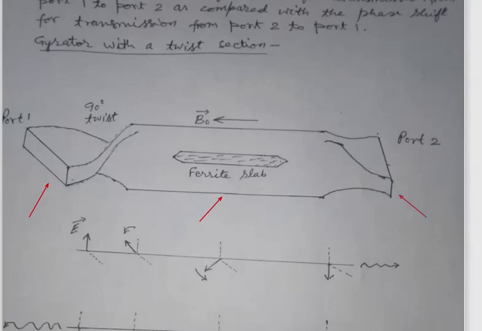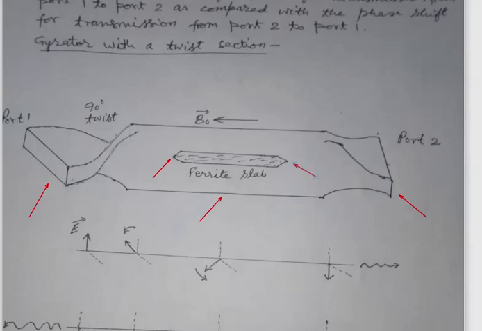Also, in the middle part of the circular waveguide there is a ferrite slab magnetized by a static magnetic field B0, and its length is selected so that it produces a 90 degree Faraday rotation in the counterclockwise direction. Both ends of the ferrite slab are tapered so as to reduce the direct reflections of the incident wave from both directions.